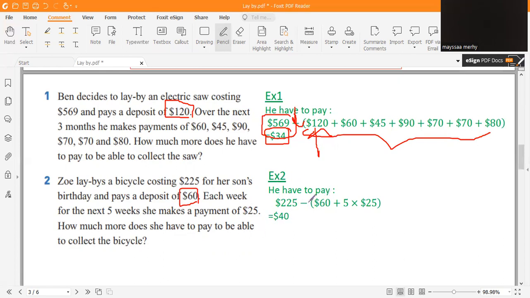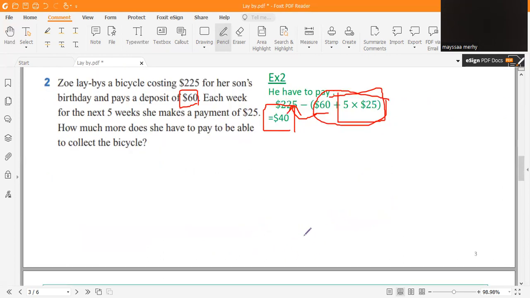All payments are $60 as deposit and 5 times 25. We subtract this sum from the whole cost of the bicycle to obtain the amount that Zoe has to pay to be able to collect the bicycle.